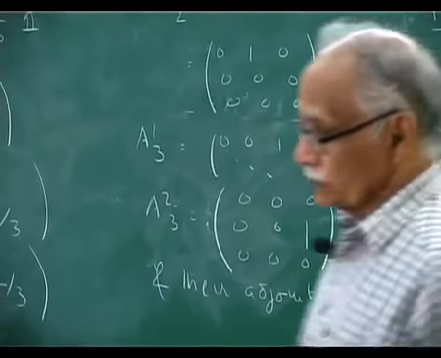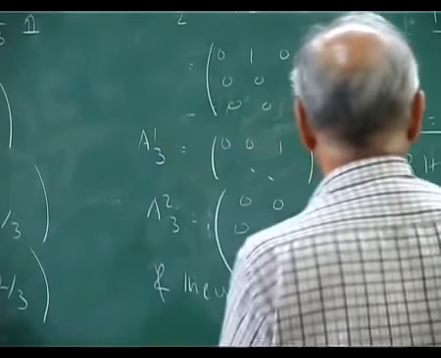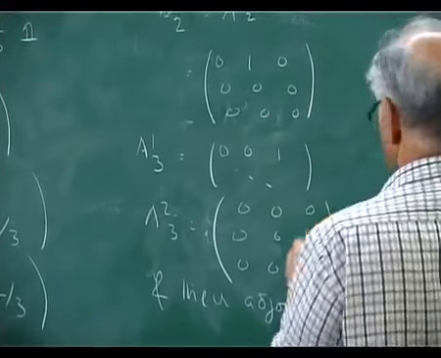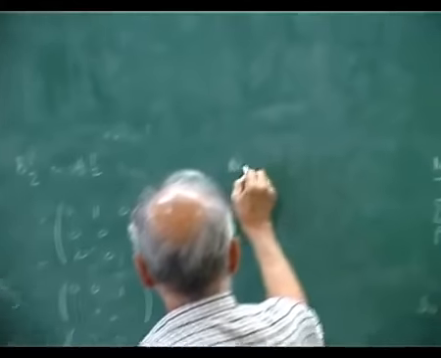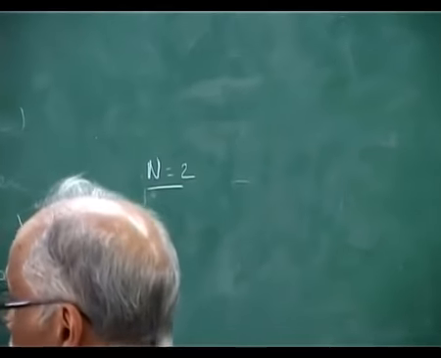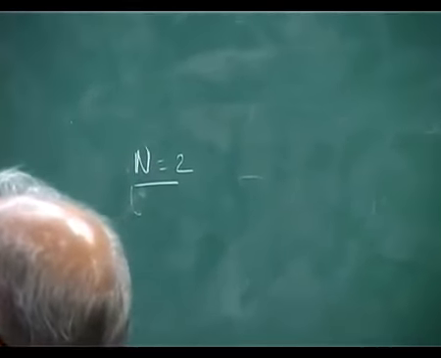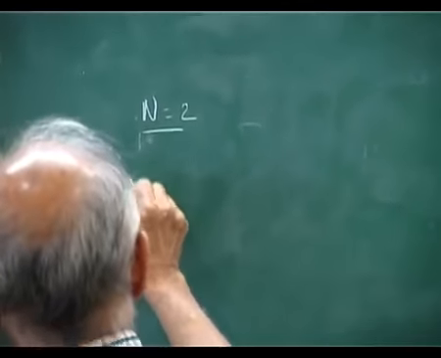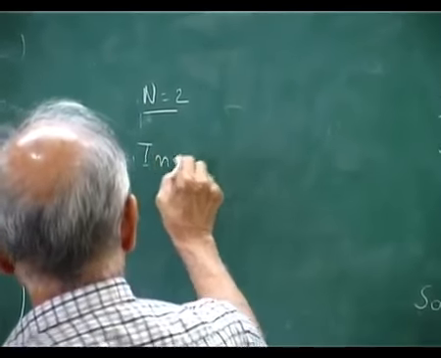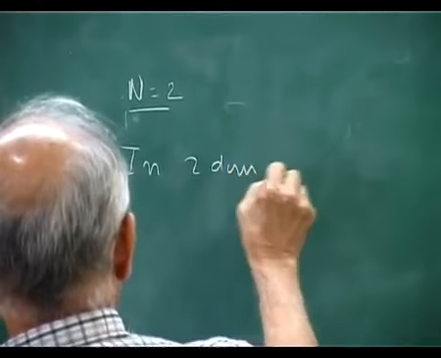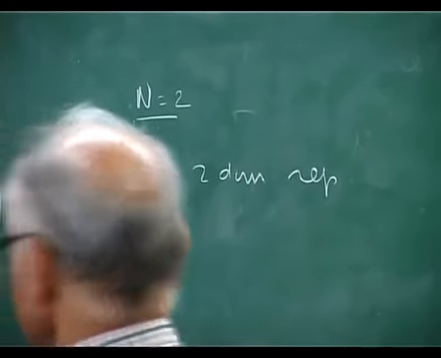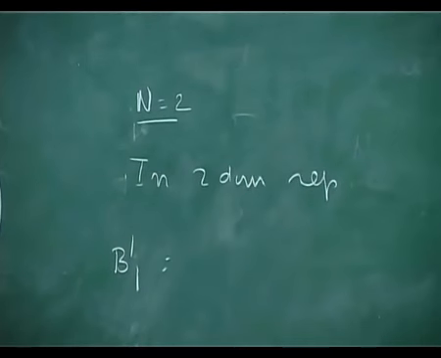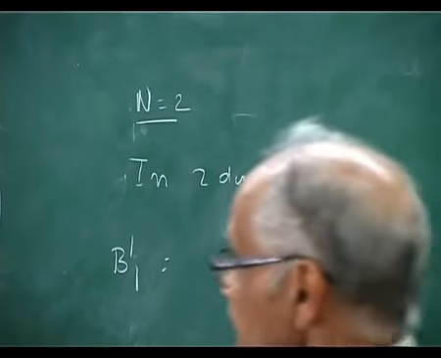Maybe I will do n equal to 2 because that will tell you something else. N equal to 2. Then in this case B1, in two dimensional representation, B11. I want to tell you what this looks like in ordinary language, okay, familiar language.